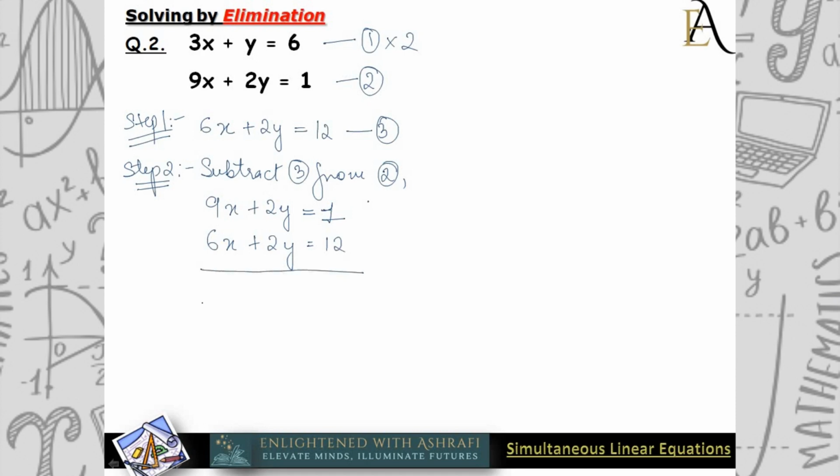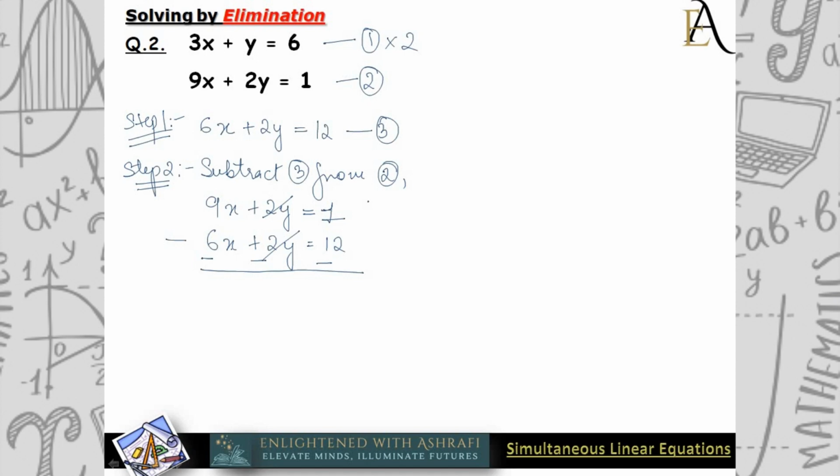Leave some space over here. Okay, so now since we are subtracting, minus into plus will become minus, minus into plus minus, minus into plus minus. So finally this will get eliminated because it's plus 2y minus 2y.